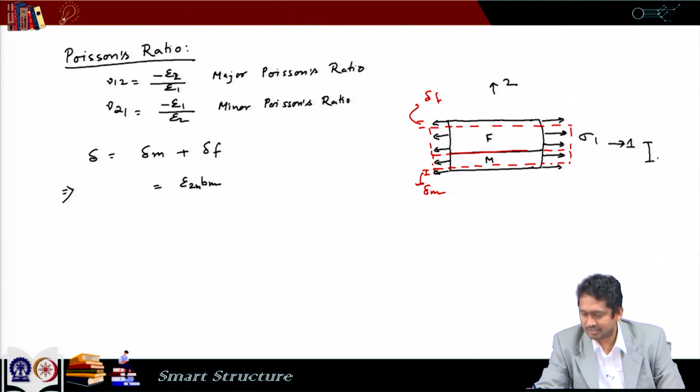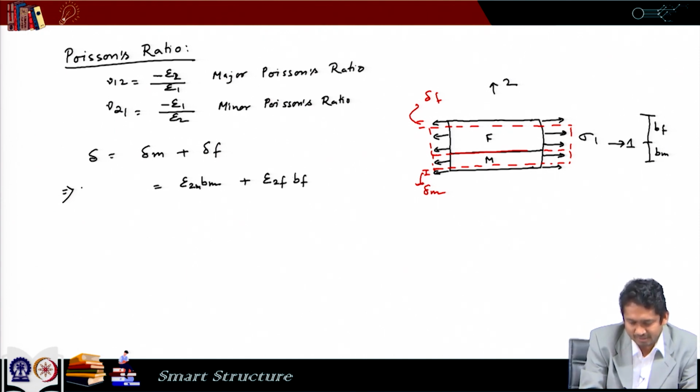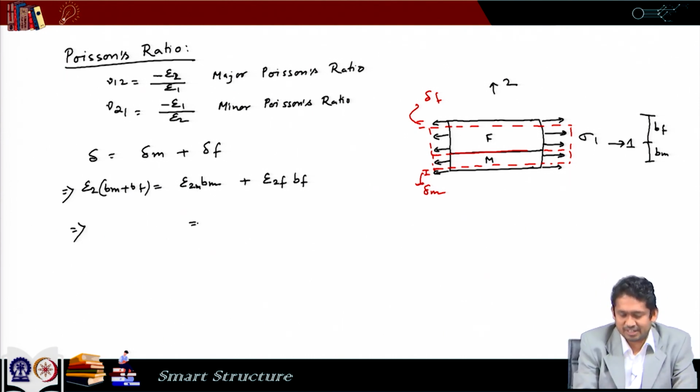So, let us write this dimension as Bm and this as Bf, and this is epsilon 2 of the fiber multiplied by Bf, and then here we have epsilon 2 multiplied by Bm plus Bf. Now, these strains can be written in terms of the strains in the longitudinal direction.